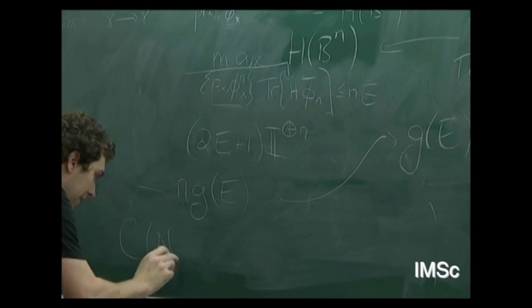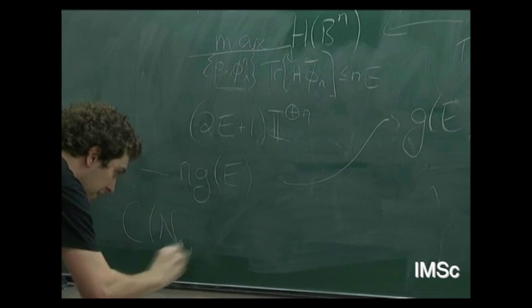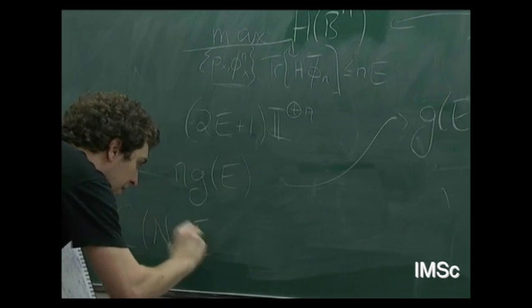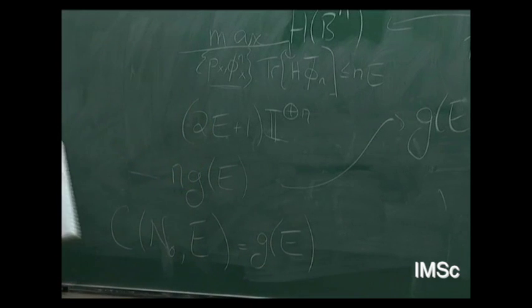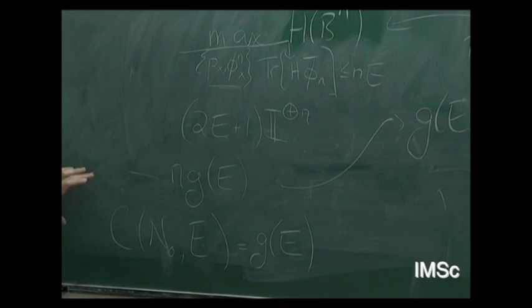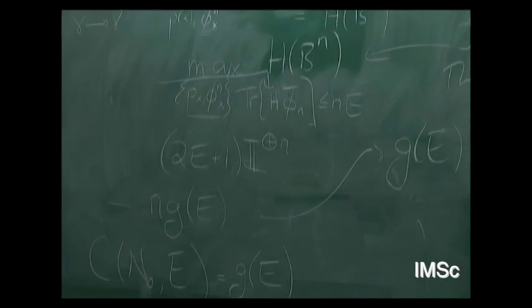So that tells us that the classical capacity of this perfect channel is just going to be this g of E. Now we're going to use this to figure out the answer for lambda not equal to 0 for these attenuation channels.